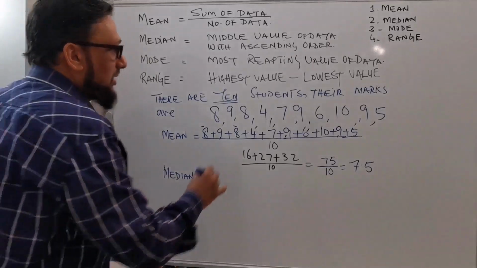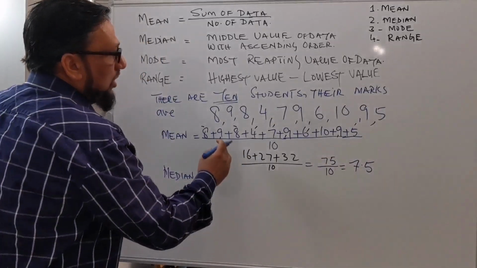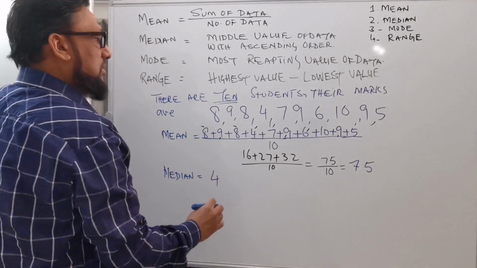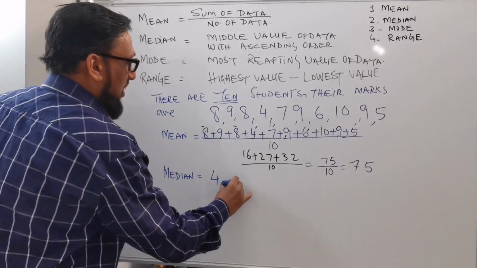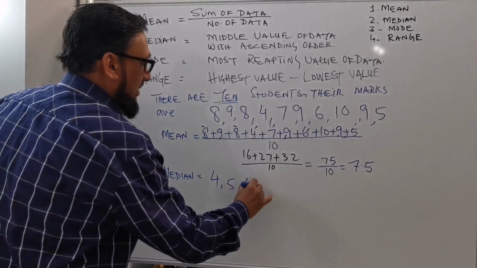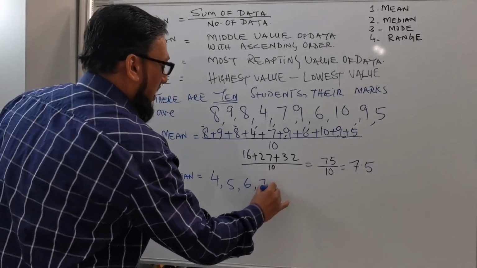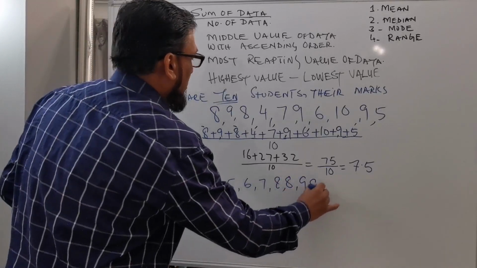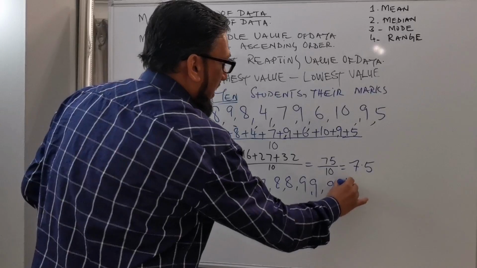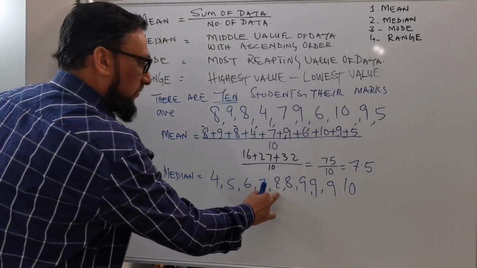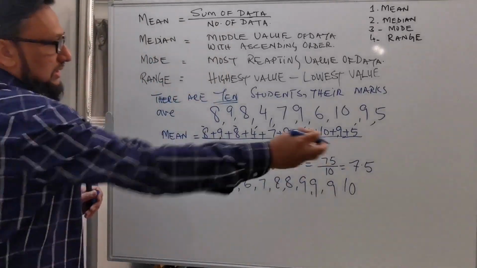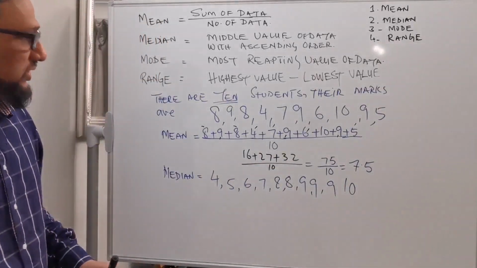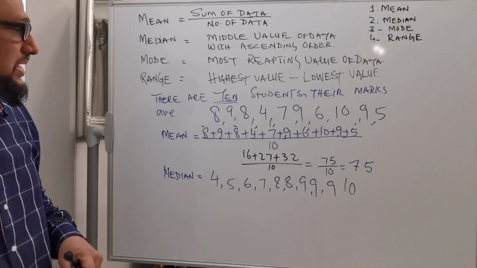So first number 4, and then 5, then 6, 7, 8 is coming. How many times? 2 times 8, 3 times 9, and 10. So all 10 are there. We need to write in ascending order for the purpose of calculating the median.